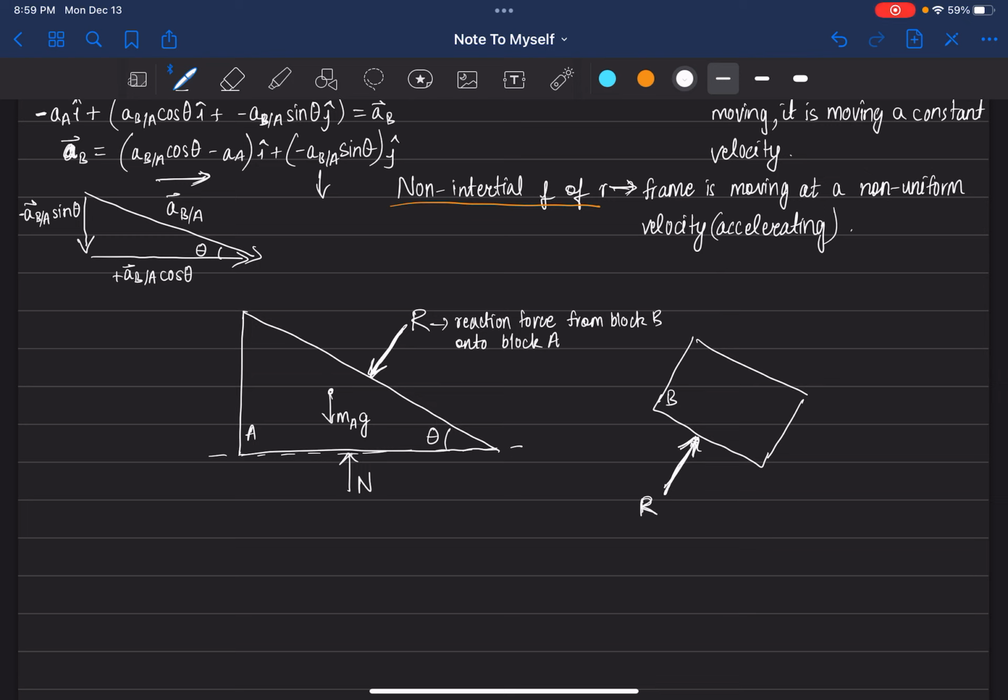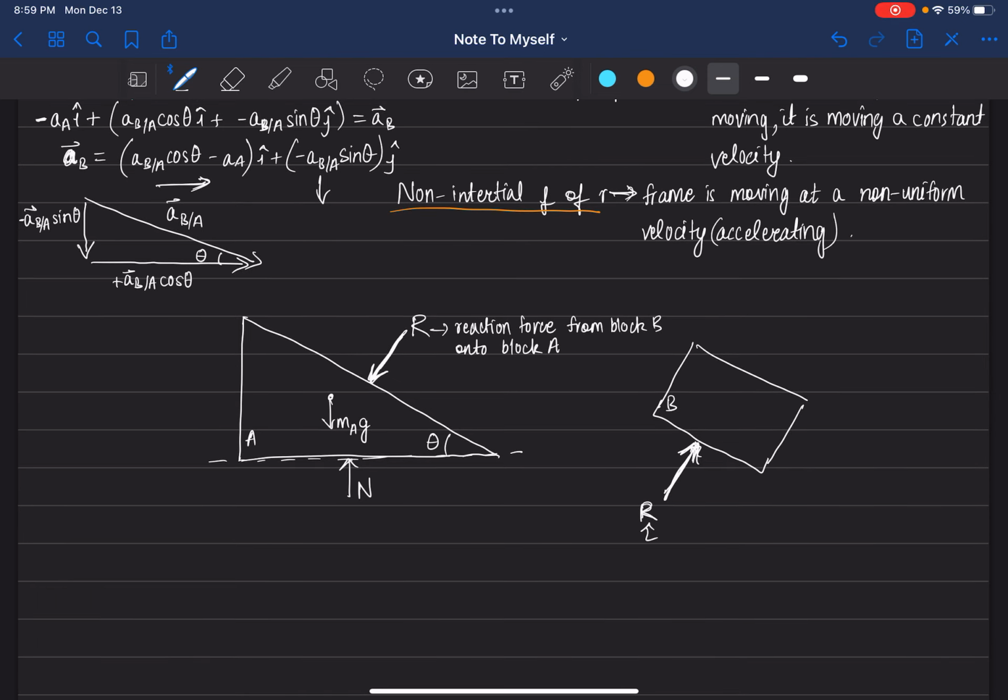So that is why I drew the direction opposite. Here I've drawn it going down and left. Here I've drawn it going right and up. Now just to make clear, I'll write this as the reaction force from block A onto block B. Okay, and let us not forget the weight of block B, m_B g.